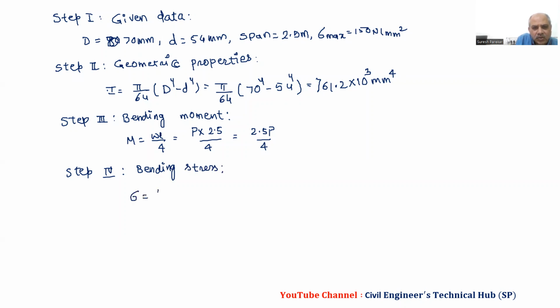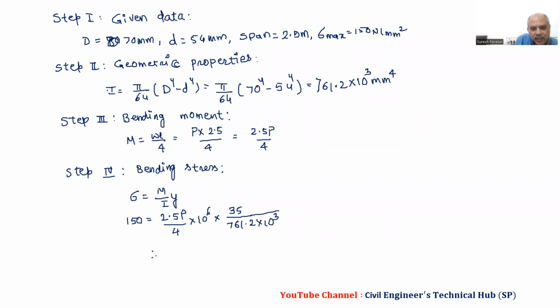Sigma is equal to M by I into Y. Sigma is given as 150, M we have 2.5 P upon 4 into 10 raised to 6, into Y we have 35 D by 2, upon I we have 761.2 into 10 raised to 3.